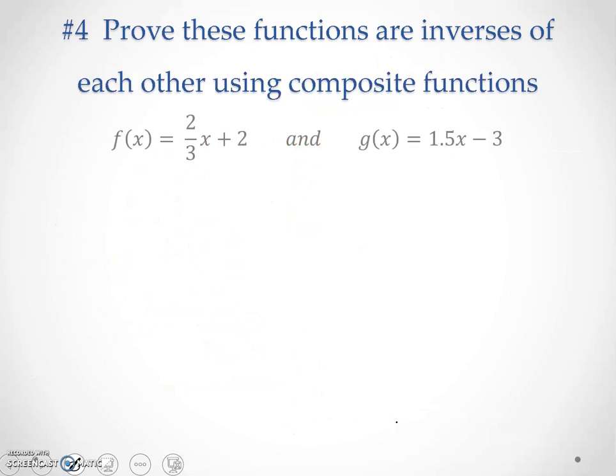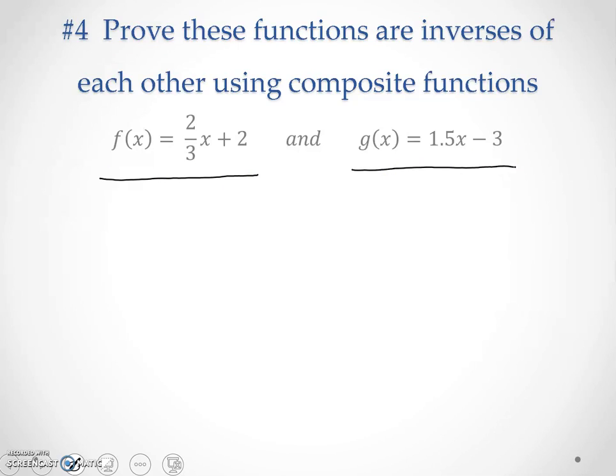Let's move on and take a look at proving whether or not two functions are inverses of each other. So I'm going to propose that the g of x function is the inverse of the f of x function. Well, you know how we talked about how the inverses undo the original function.